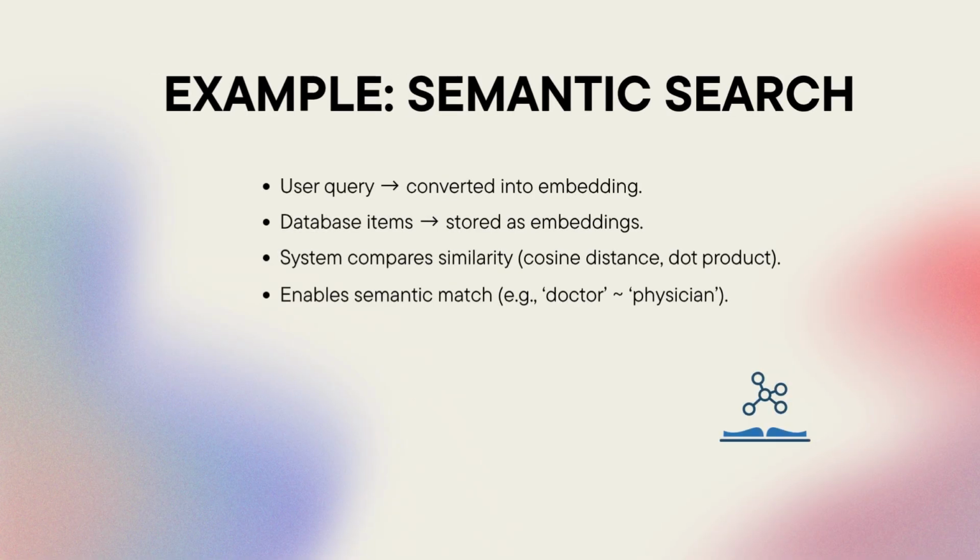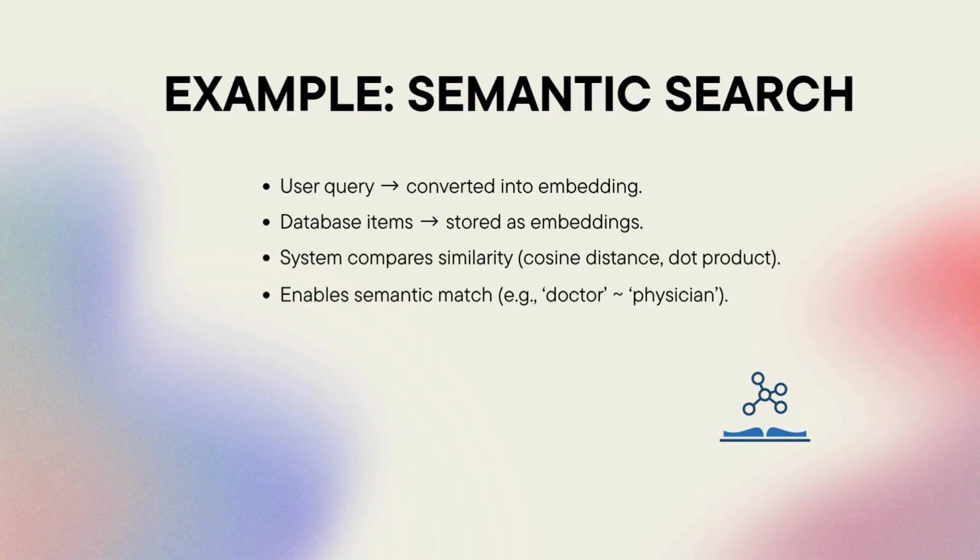Now let's see embeddings in action with semantic search. Imagine you search for the word physician. A keyword search would only find documents that contain that exact word, but embeddings go deeper. Your query, physician, is turned into an embedding vector. All documents in the database have embeddings too.